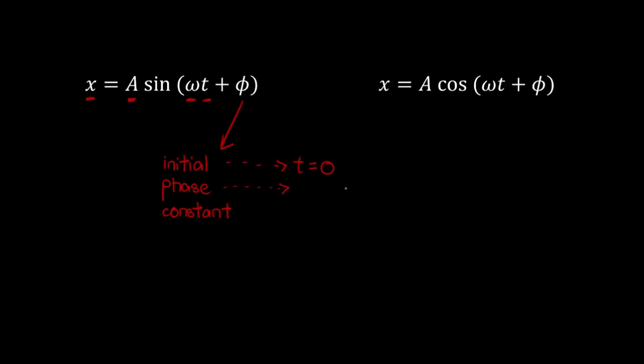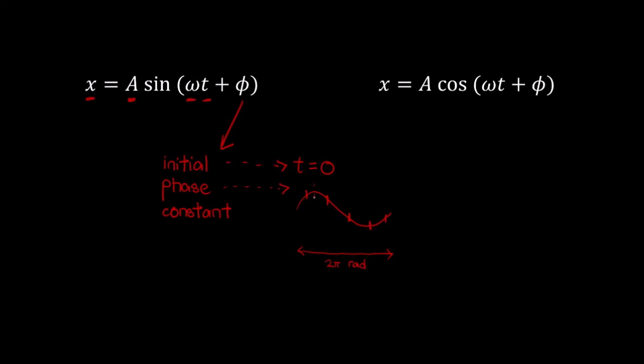Phase is a very abstract concept, but you can think of phase as which section of the sinusoidal curve, or at which point of the curve you are at. You can call that thing phase. One full oscillation is 2 pi radian.